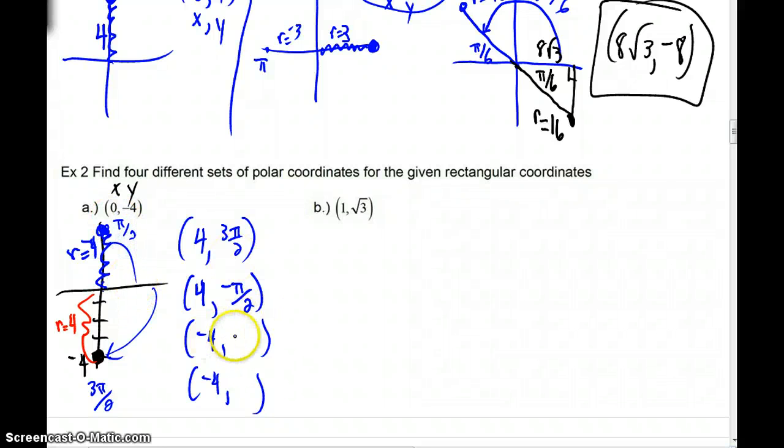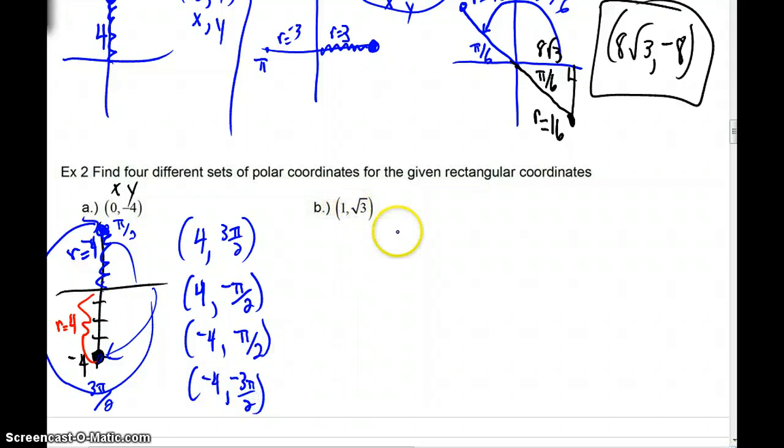So -4 comma pi over 2. Of course, that negative r value projects down to the point that we began with. We could also say, well, how could we represent this angle in a negative sense? Well, coming around from the positive x-axis, going clockwise, we'd be at -3 pi over 2.